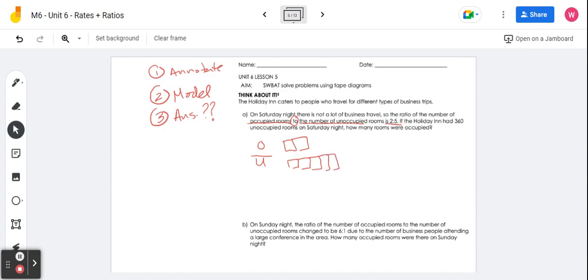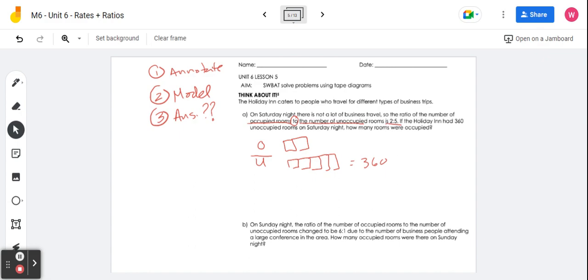If the Holiday Inn had 360 unoccupied rooms on Saturday night, how many of the rooms were occupied? So we're told that these 5 pieces of tape is equal to 360. Well, how would we figure out what one piece of tape is equal to so that we could then figure out the number of occupied rooms?